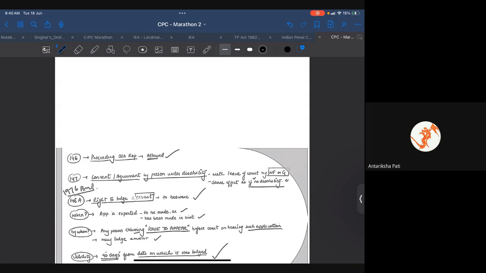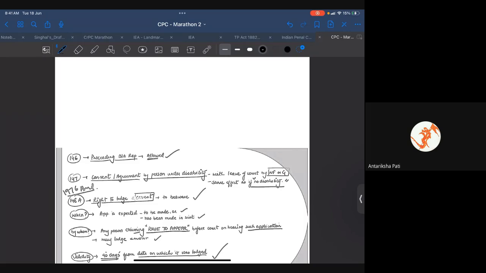Now 147, that if there is a consent or agreement given by the person under disability with the leave of the court by next friend or guardian, then it has to be held as if there is no disability at all. 148A inserted caveat, that is, to caveat means to be aware.